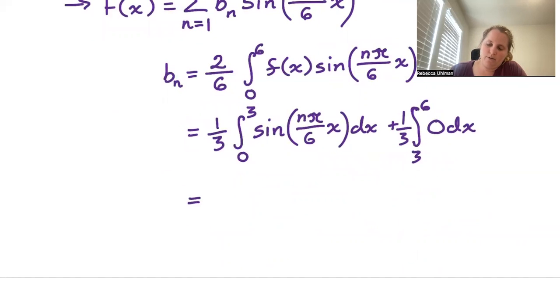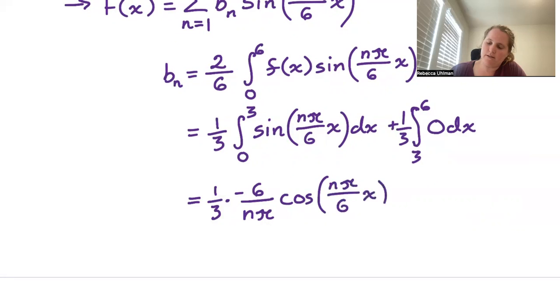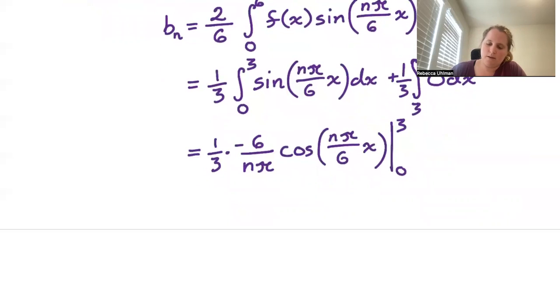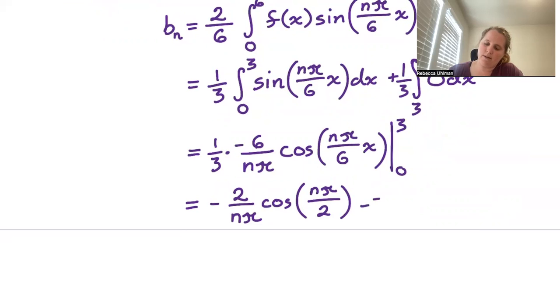Integrating sine n pi over 6 x, we have our 1/3 out originally. That becomes times a negative 6 over n pi cosine of n pi over 6 x, evaluated at 0 and 3. So we are looking at a negative 2 over n pi times cosine of n pi over 2, and then we are subtracting off a negative 2 over n pi times cosine of 0.